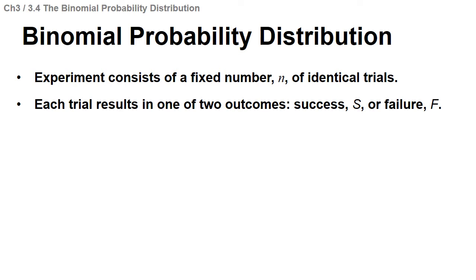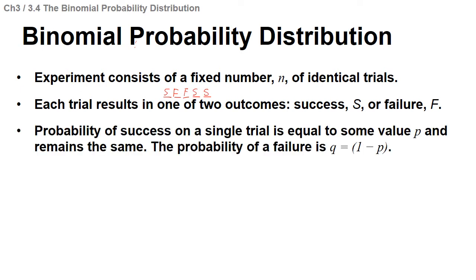So we have a sequence of Bernoulli trials, and each has sometimes success, sometimes failure, sometimes success. And the probability of success on a single trial is equal to some value p and remains the same.